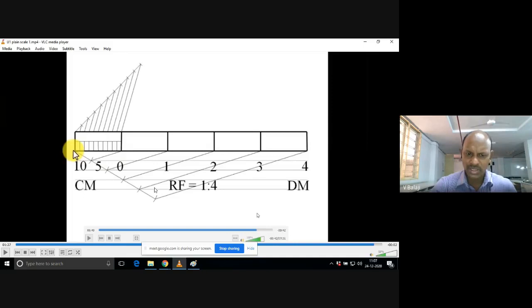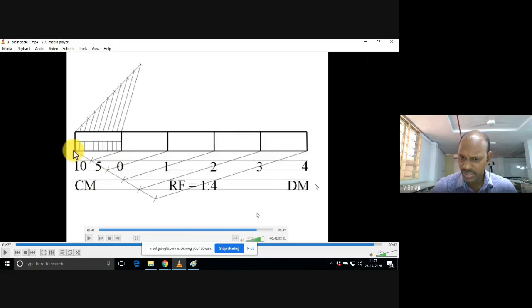So at least for mentioning RF, decimeter and centimeter, draw two 5 mm lines. In between the 5 mm lines, at the center below the figure, you write RF is equal to 1:4. This is compulsory. If you do not mention this RF value, there is no use of this scale. Nobody can understand for what purpose it should be used.